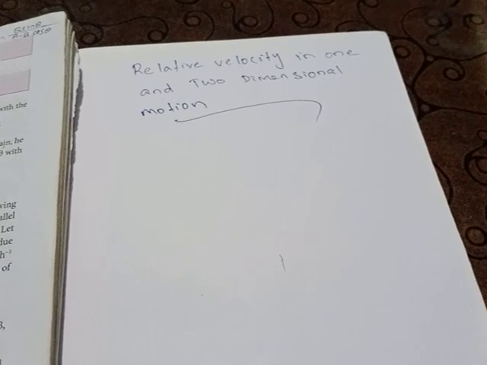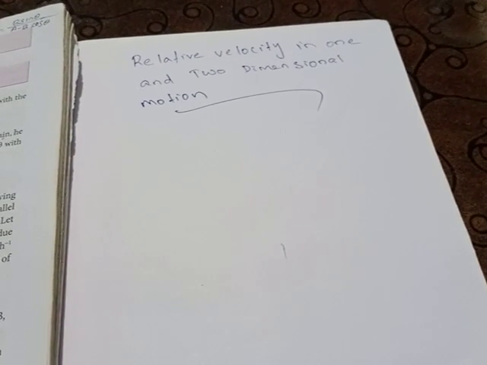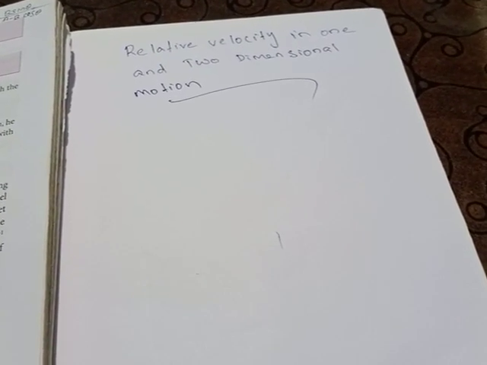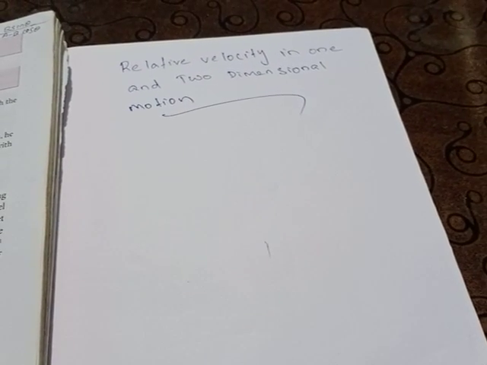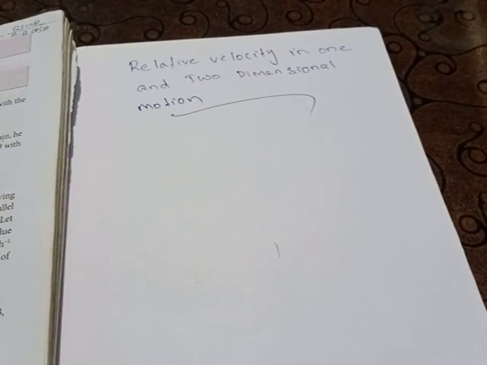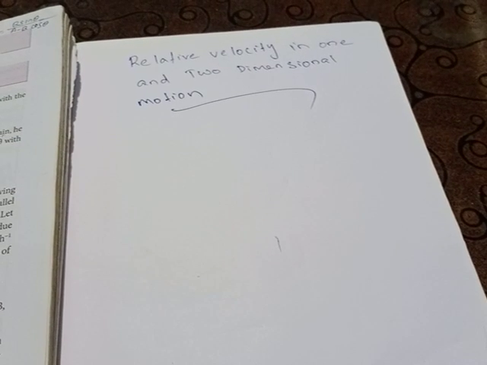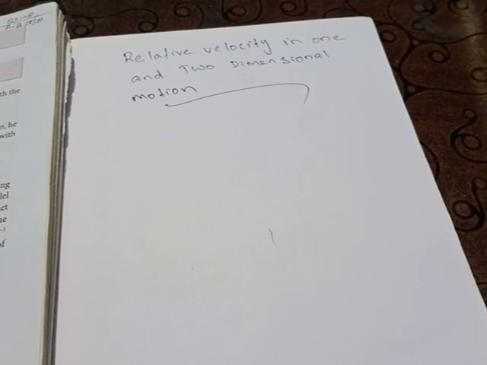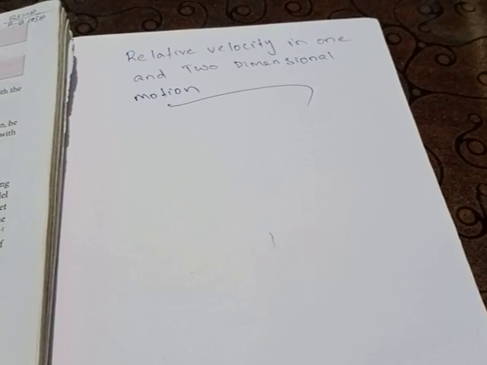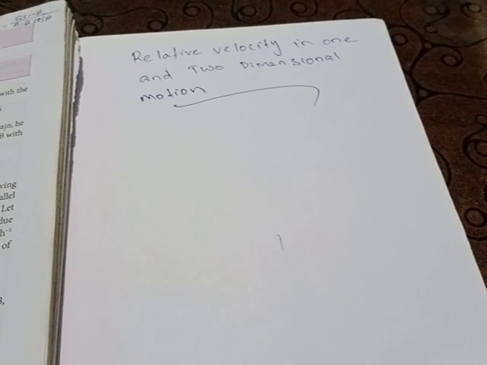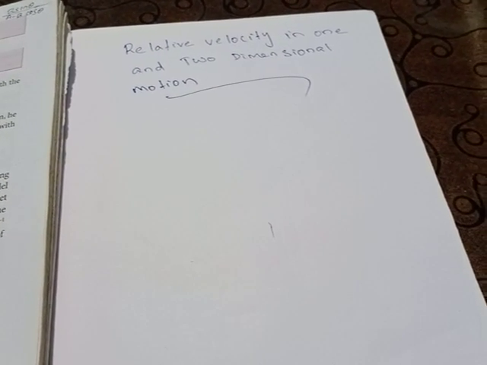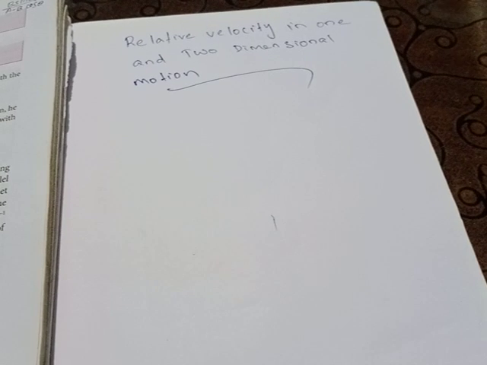So you are comparing your car velocity and his car velocity. While he overtakes your car, maybe you will check your speedometer. Say your car is moving with a velocity of 100 km per hour.